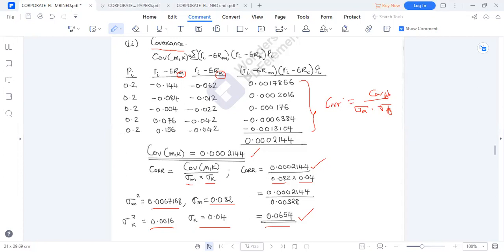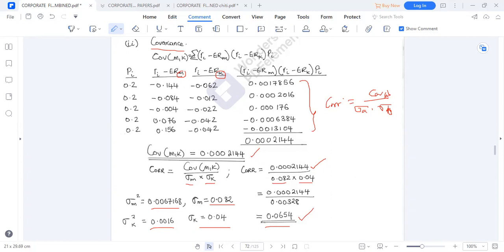Yeah, so in this context, we must understand that covariance is there to measure the direction or relationship between these two risky assets, Cassava and Masupa. Covariance will indicate the direction of these two assets. If you get a positive covariance, it means that the returns of these two assets are moving together.